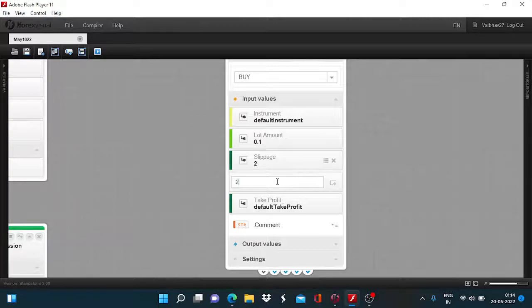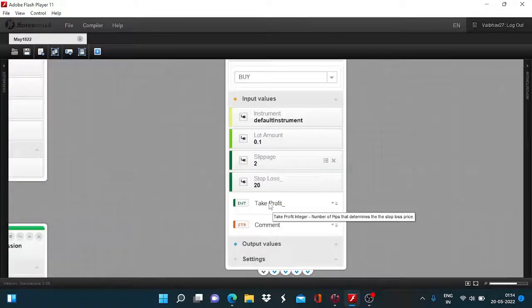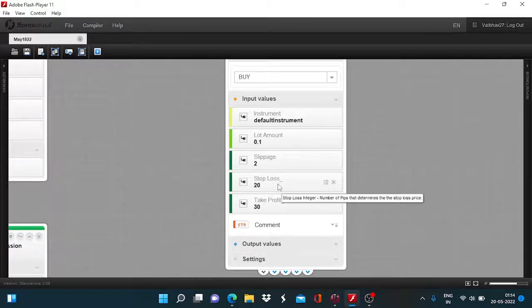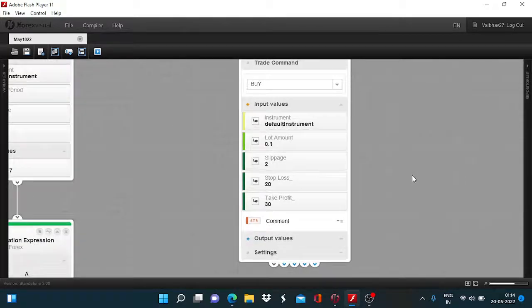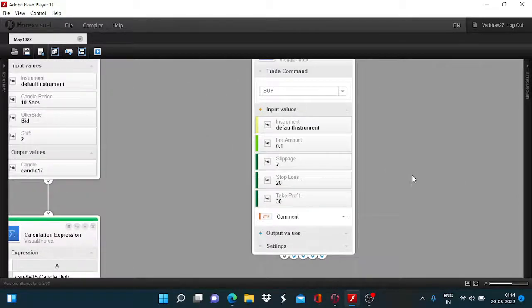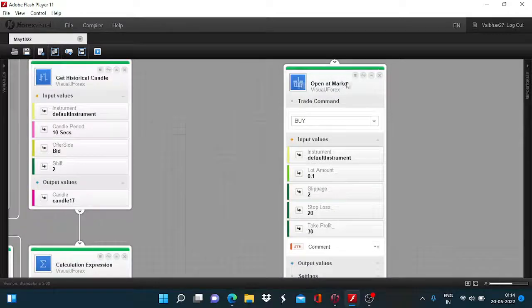So I will keep a stop loss of 20 pips, whereas we will keep the take profit at 30 pips. Alright, so we have the stop loss and take profit in the risk reward ratio of 2 is to 3.